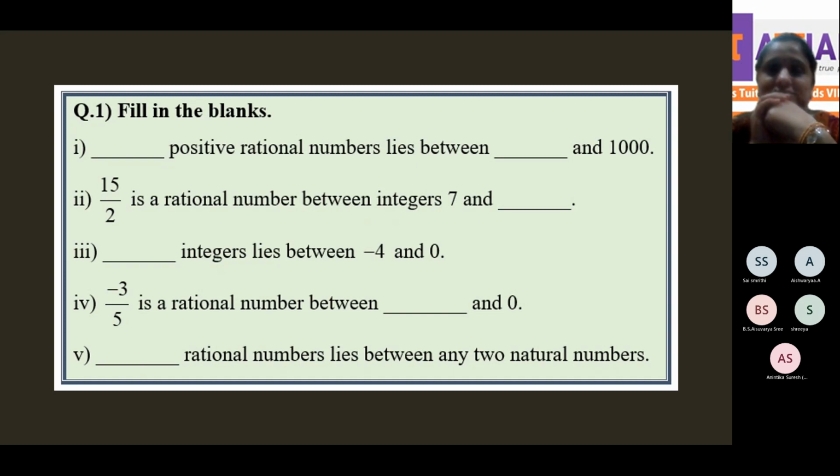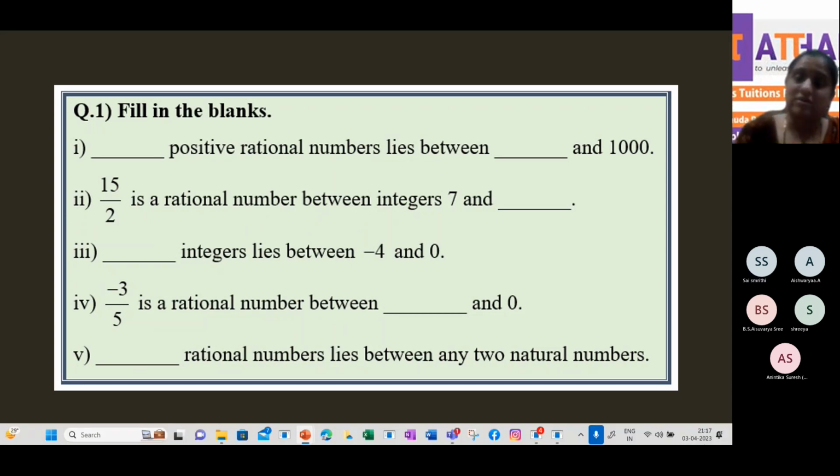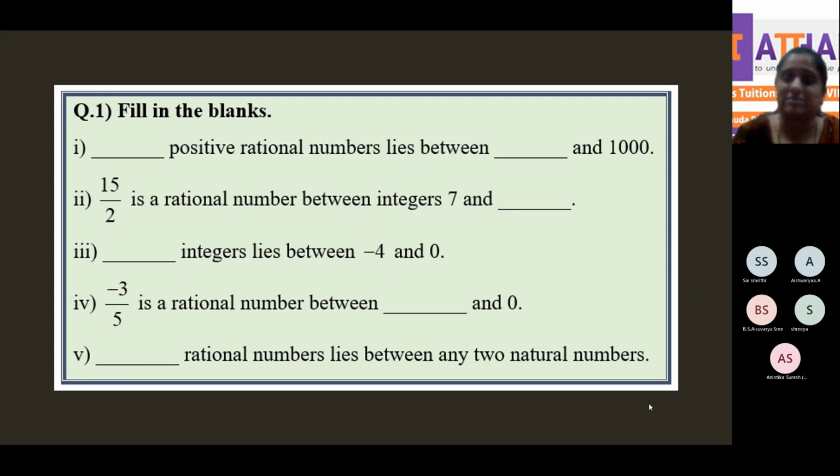Ma'am, I think all positive rational numbers lie between 1 and 1000. So beyond 1000, there is no rational number, is it? No, it won't be all. It won't be all.